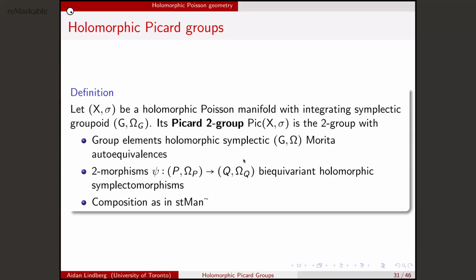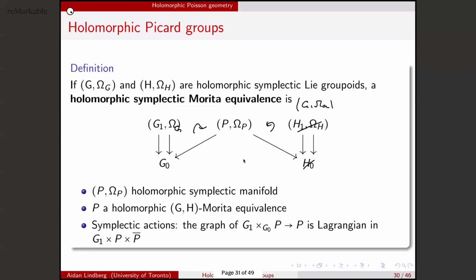So the main object of the talk then is if you have a holomorphic Poisson manifold, which integrates to this symplectic groupoid, its Picard 2-group, denoted by Pic(X, σ), is the same 2-group that we constructed before. It's the 2-group where the group elements are these holomorphic symplectic (G, ω) Morita autoequivalences. So diagrams like this, where this is now (G, ω), and this is G_0, which is (X, σ).